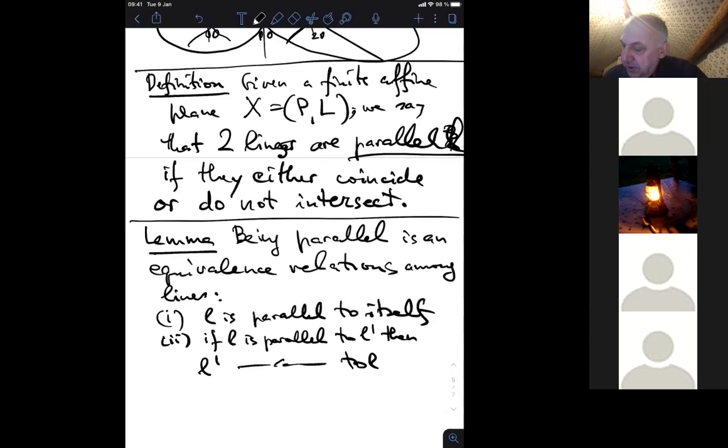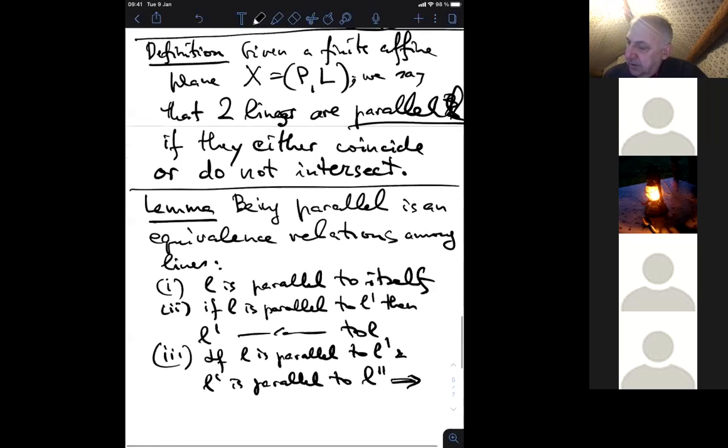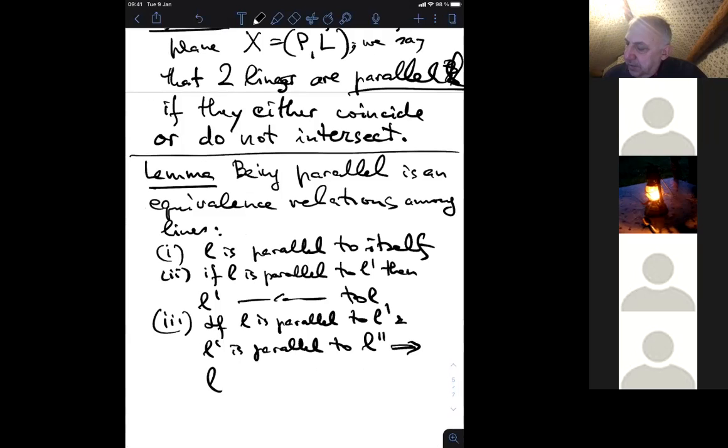And finally, the third one is transitivity. If L is parallel to L prime and L prime is parallel to L double prime, then L double prime is parallel to L. This is also an easy thing.